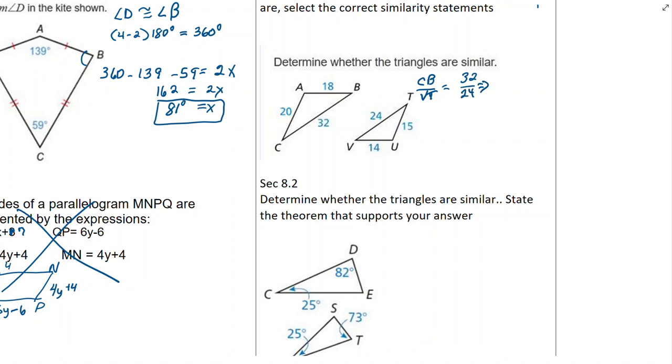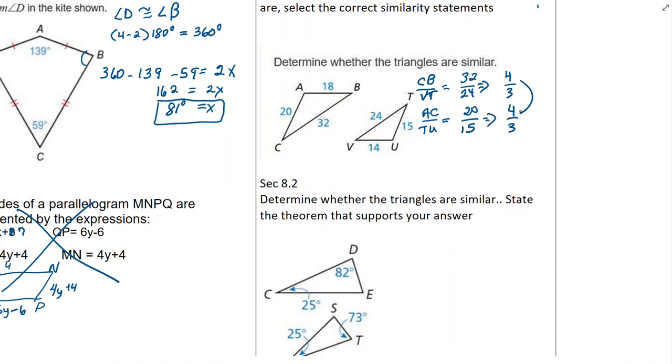I'm going to reduce that by 8, and I get 4/3. Okay, well then the next larger is the 20 and the 15. So that is AC is to TU, and I'm going to have 20 is to 15. I'm going to reduce by 5 and get 4/3.